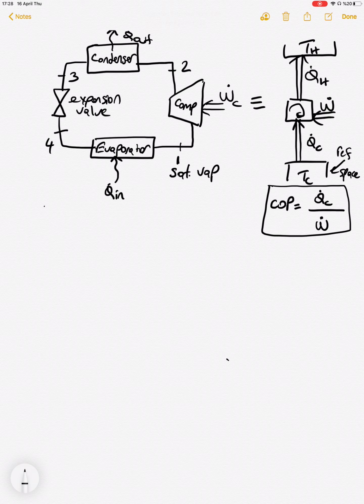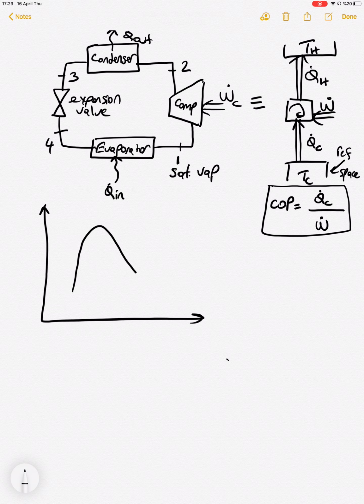Now, if you look at the TS diagram of the system, we can see this is the two-phase system. We actually have two constant pressure lines. This is the TS diagram. If this is the saturated vapor, this is state 1.